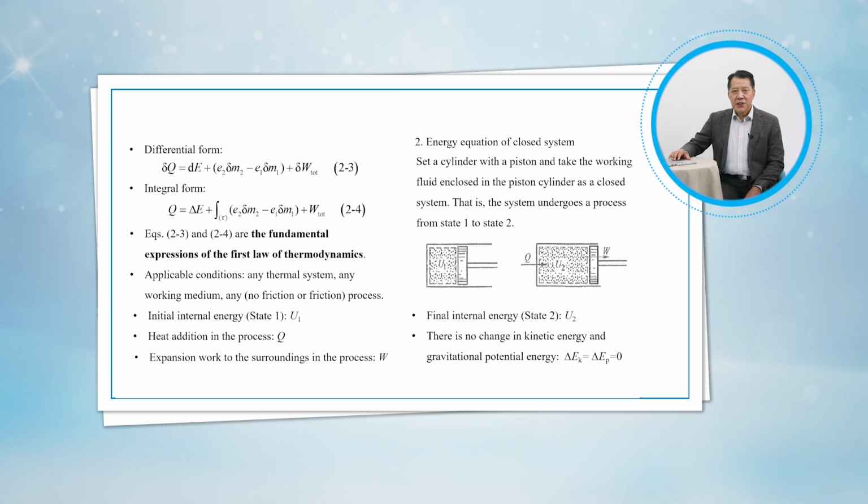There is no change in kinetic energy and gravitational potential energy. Most systems encountered in practice are stationary. That is, they do not involve any changes in their velocity or elevation during a process.